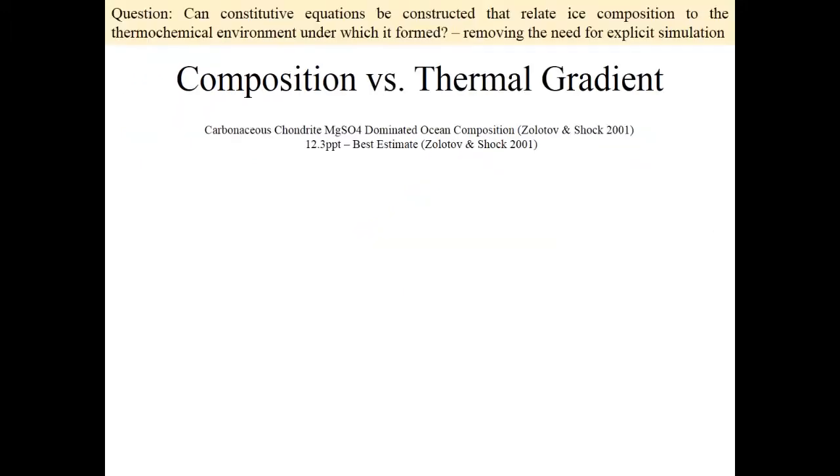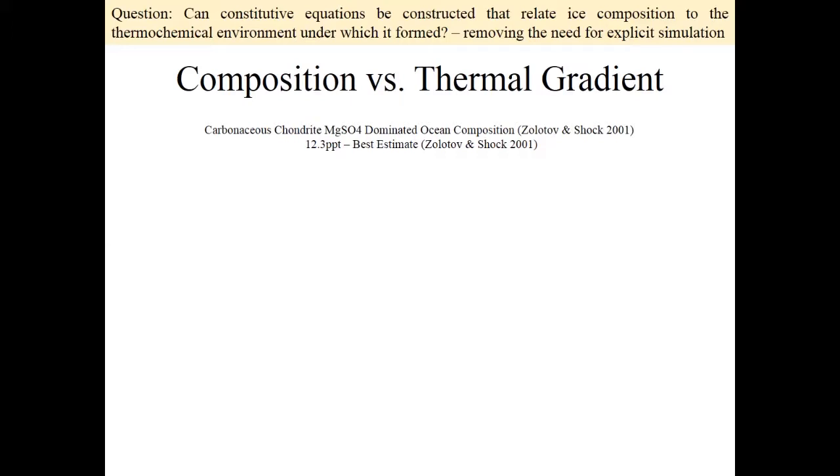The main goal was to produce these profiles of salt in the Europan ice shell and relate them to what was happening at the interface when this ice was formed. Really looking at things like the thermal gradient at the interface and how that influences how much salt gets trapped in the ice.